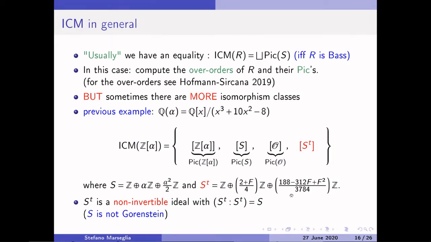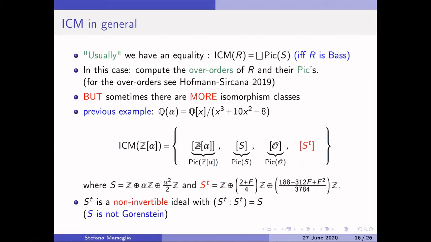And here again are the Z-bases, where F is again equal to alpha. Sorry, typo. I'm claiming that this ideal S_T is a non-invertible ideal with multiplicator ring equal to S. And this is another way to say that S is not a Gorenstein ring, or in particular, that Z[alpha] is not a Bass order.